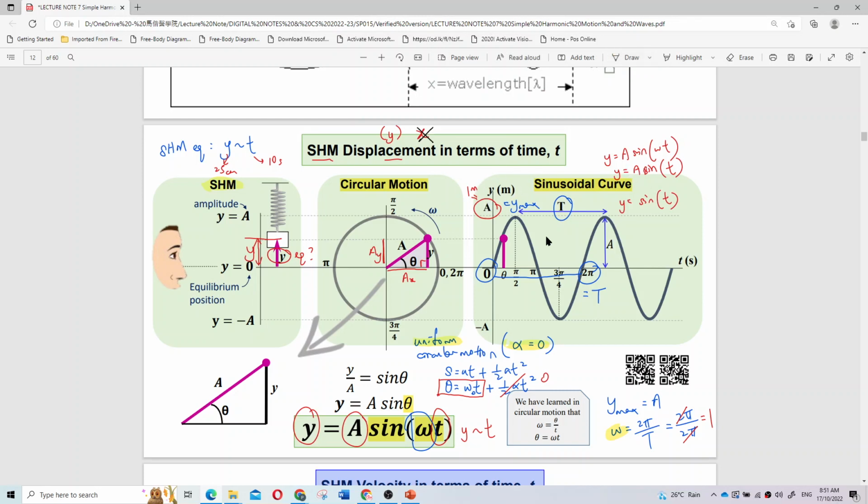So if we are given the amplitude and the period, using this general formula of the displacement time equation, we can generate the real displacement time equation for the graph, for the whole simple harmonic motion. Okay, class, you understand? Yes, sir.